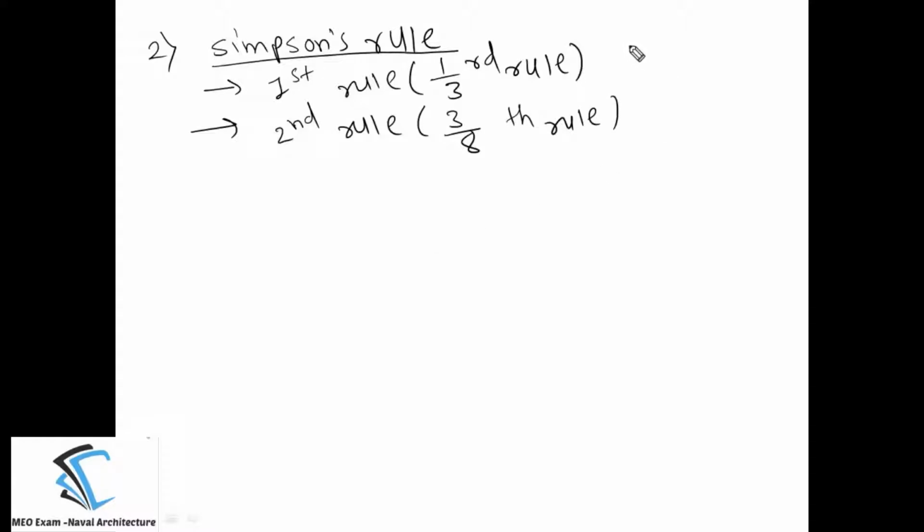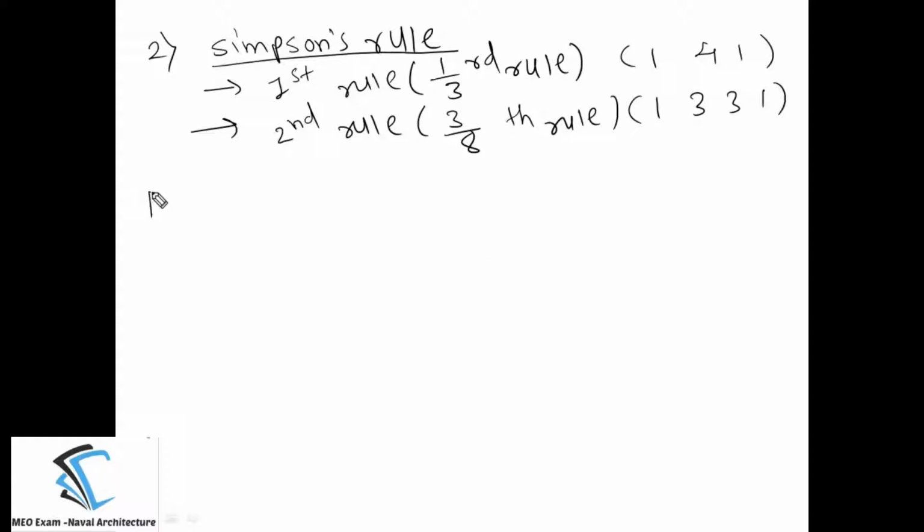Generally we will write the Simpson's multiplier, as we have seen the trapezoidal multiplier. The Simpson's multiplier will be like this: 1, 4, 1 for the first rule, and for the second rule it will be 1, 3, 3, 1.